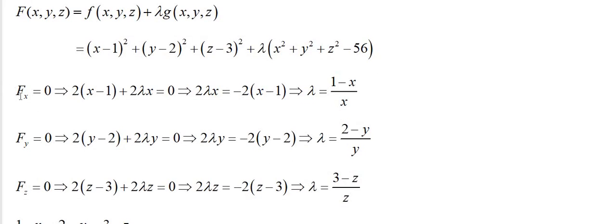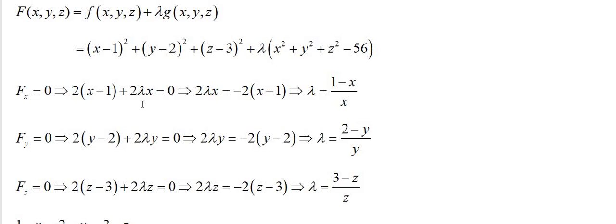Now I am going to do partial differentiation of this capital F with respect to x and equate that to 0. While doing with respect to x, y is constant. Here I am doing only the x terms' differentiation. The remaining terms I am leaving. So x minus 1 whole square differentiation is 2 into x minus 1. Again, x square differentiation is 2x into lambda.